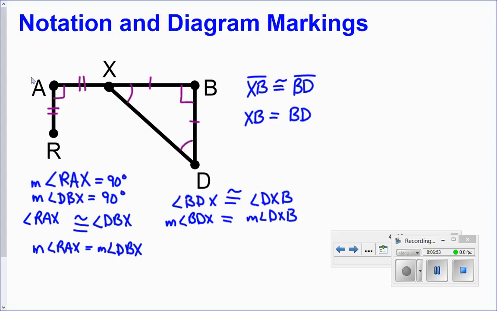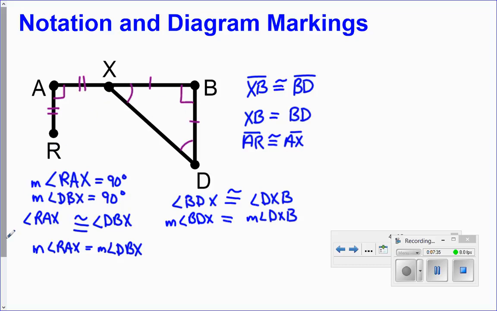Now, I'm noticing over here that I see similar markings again, and I can see that there's a relationship between line segment AR and line segment AX, but I'm noticing also that there are two markings here rather than the single marking. So not only do I know that line segment AR is congruent to line segment AX because of how it is marked, I also know that line segment AR is not congruent to line segment BX, let's say.